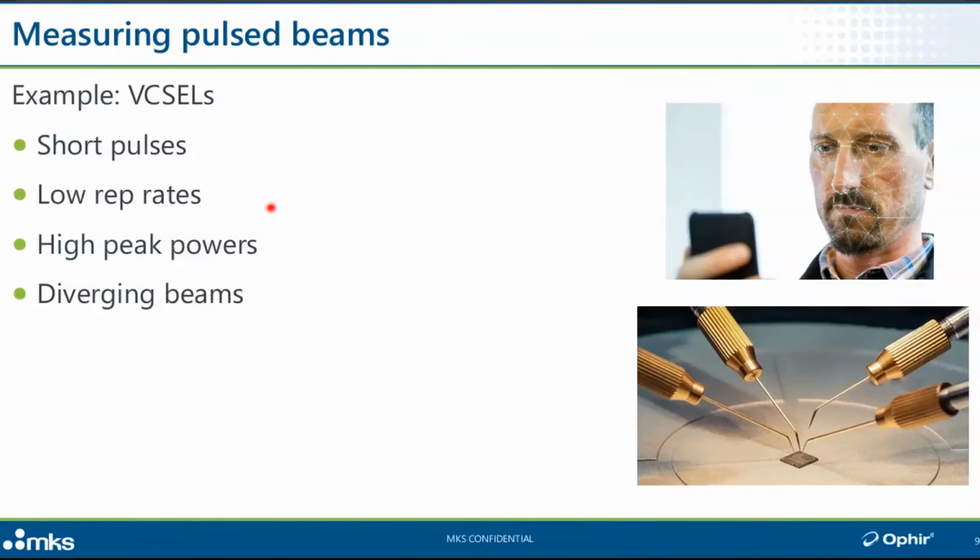Now, VCSELs, as we said, typically are operated with short pulses at low rep rates, high peak powers, meaning high instantaneous power during the pulse, and then a relatively longer time of zero power before the next pulse. And generally speaking, the beams are widely diverging as well. We're going to come to diverging beams soon if you remember the agenda.